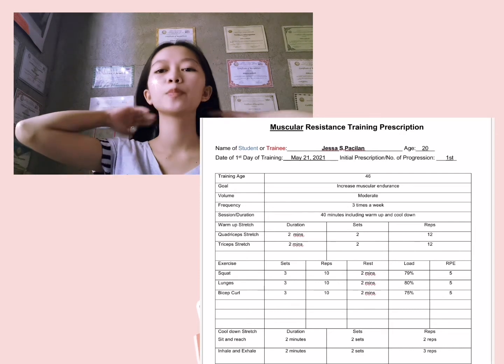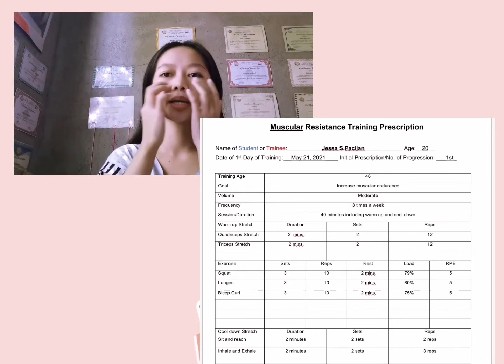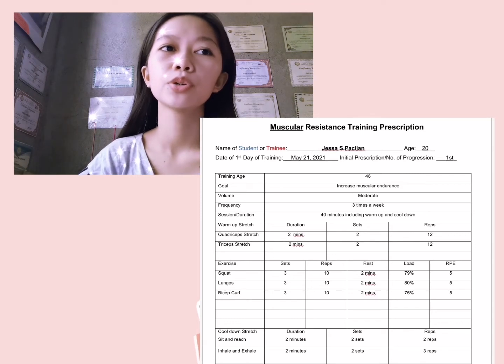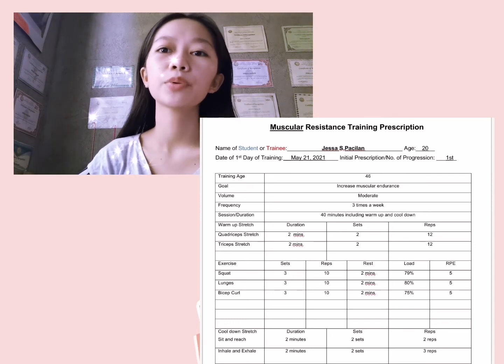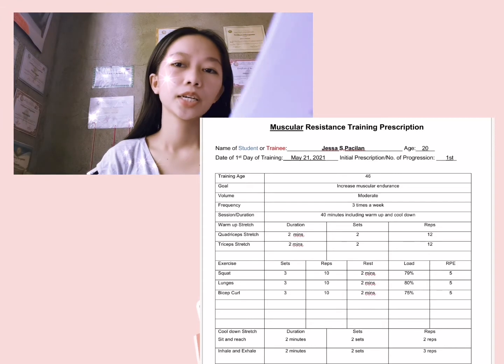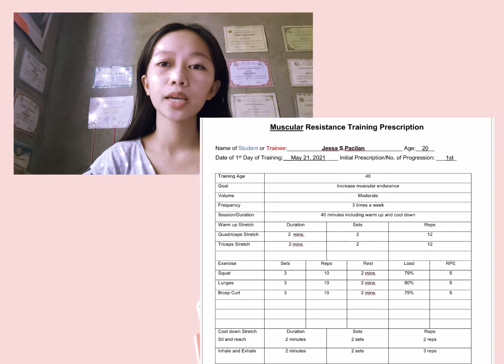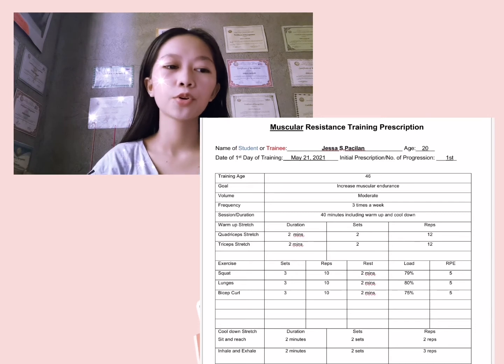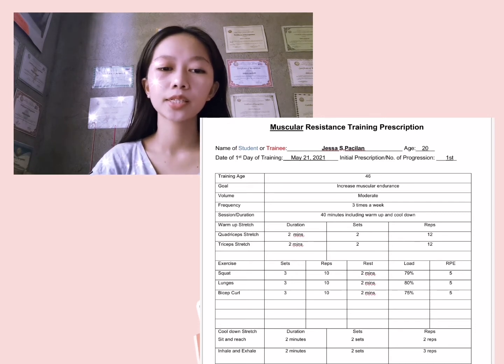Why did I put moderate? It's because my client is under the moderate risk, in which, under the module, the client is safe to begin light or moderate intensity exercise, but should undergo further medical assessment before partaking in vigorous intensity exercise.